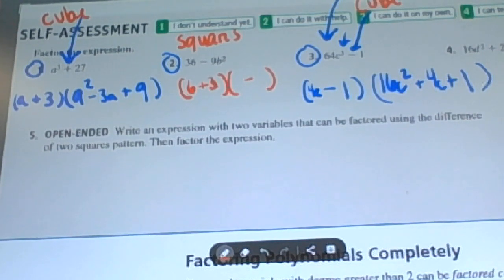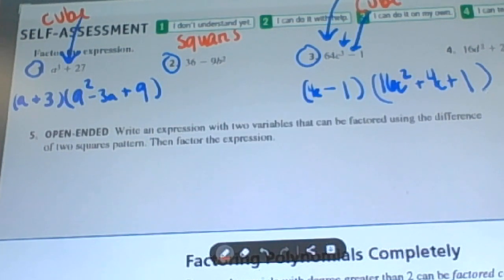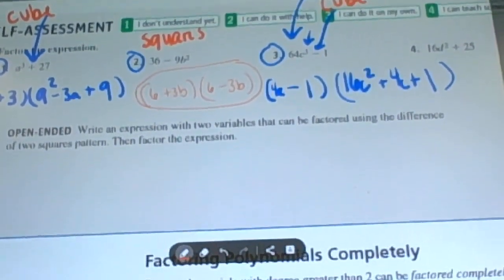Square root of 9 is 3. So that's 6 and 6, 3b and 3b. I don't know if you guys in this moment can see the difference between a square and a cube, but that's what we're looking at here.